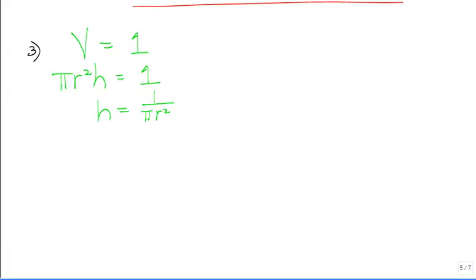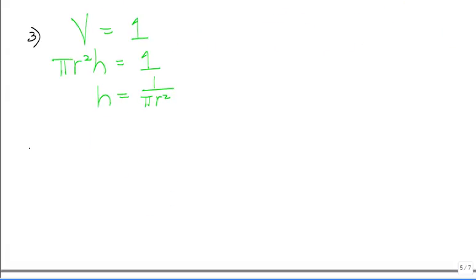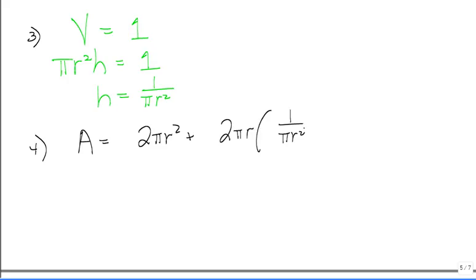And once I get my second equation, I substitute it in. And that's going to be over r divided by r squared is r to the negative 1.